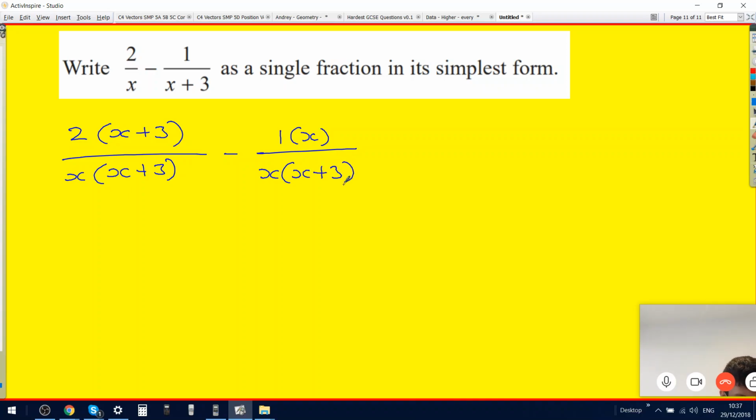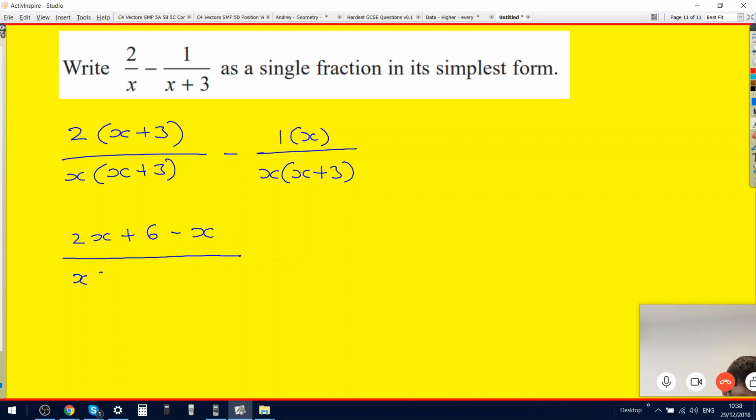Two x plus 6 over x squared plus 3x minus x over x squared plus 3x equals x plus 6 over x squared plus 3x.